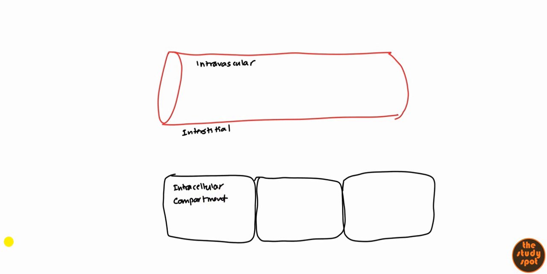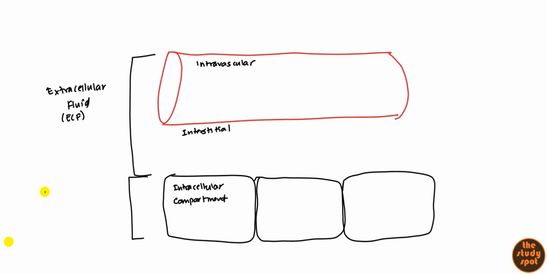When we're talking about fluid, fluid again is distributed through this entire area. The intravascular compartment and the interstitial compartment together are known as extracellular fluid, also written as ECF. The intracellular compartment is known as the intracellular fluid, and this is denoted as ICF.